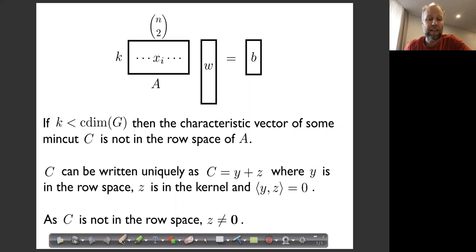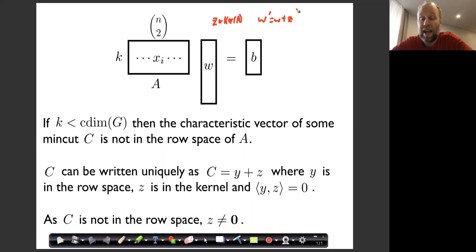If I take any vector Z in the kernel of A, and I modify my weight vector to a weight vector W', which is W plus Z, then that graph with weight vector W' is going to have the same answers to the queries as G does.